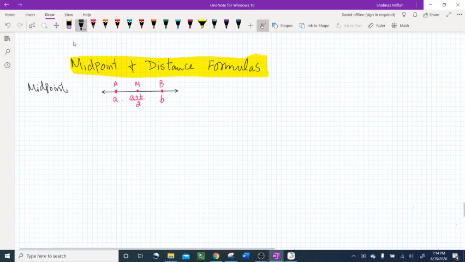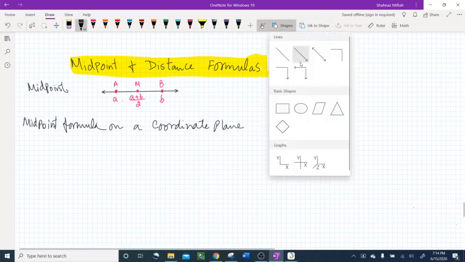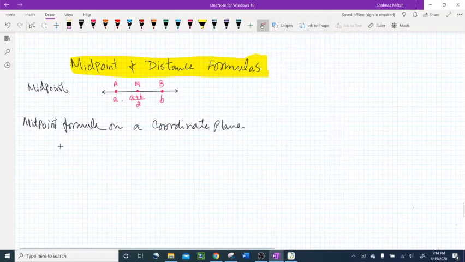Now let's do the midpoint formula on a coordinate plane. Coordinate plane means x-axis and y-axis. Let's pick a coordinate plane, and again, I'm not going to draw it on scale.